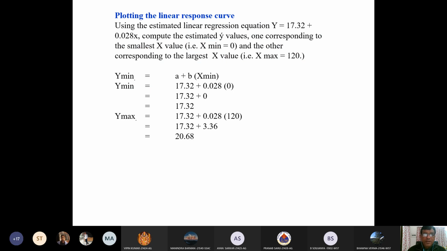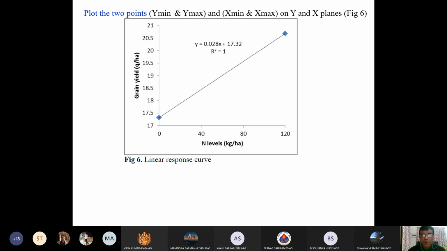Now we were required to plot it, and we needed to find the values of y min and y max, putting the values of x as 0, which was the lowest level, and 120 as the highest level. We got the two values, y min and y max, and then we can plot these values on the graph against 0 and 120, and we can straightaway join these points.